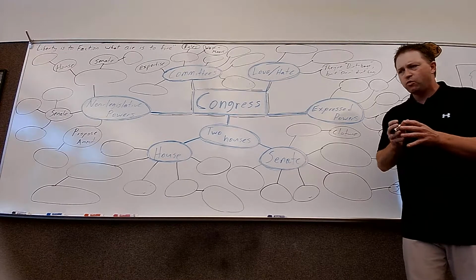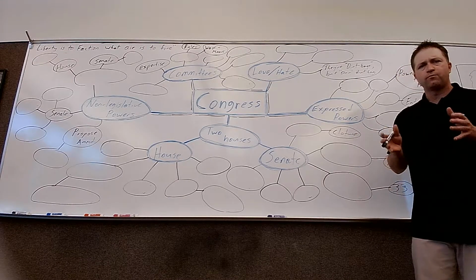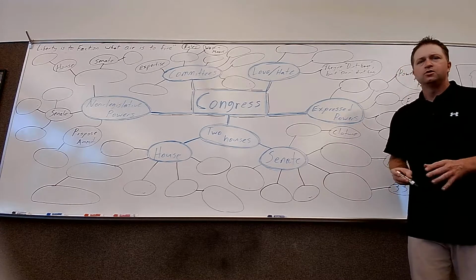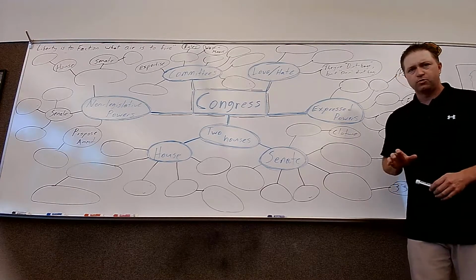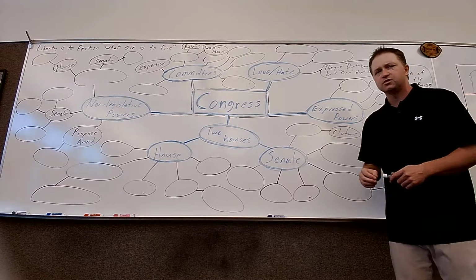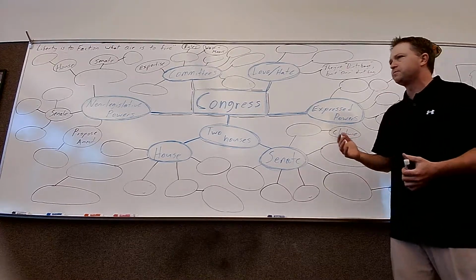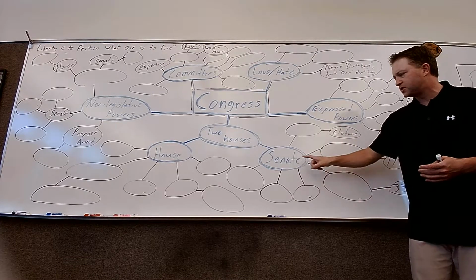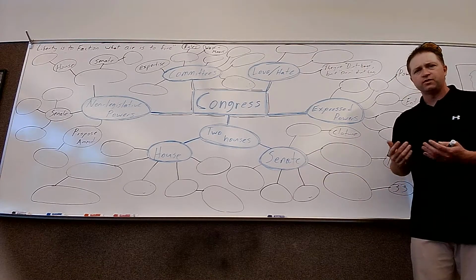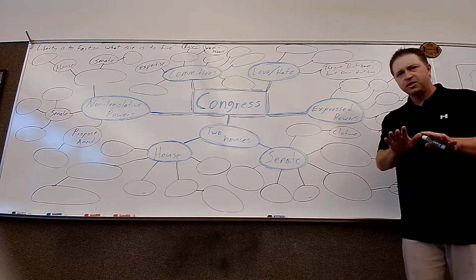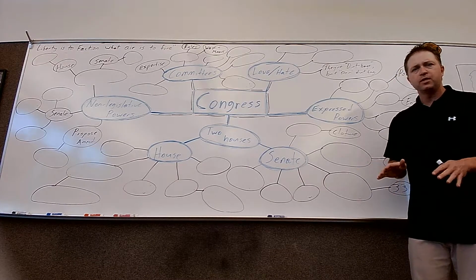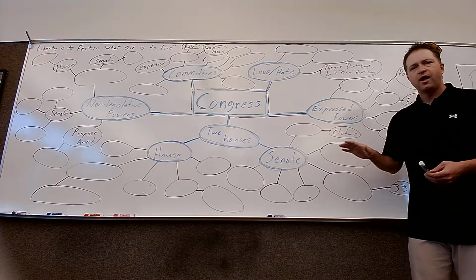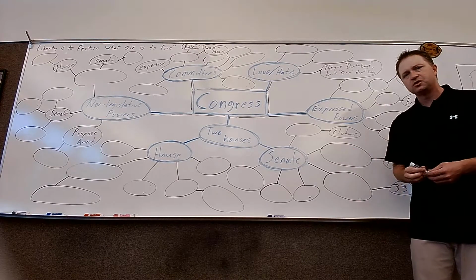So there has to be a way to create an equal platform for states to be represented at the federal level. So the Great Compromise was put into place, and I know we've already covered this. This is kind of review, but essentially, small states are going to be happy because there's going to be a Senate that will be based off of equal representation, which means regardless of the number of people that live in your state, every state is going to get two senators.